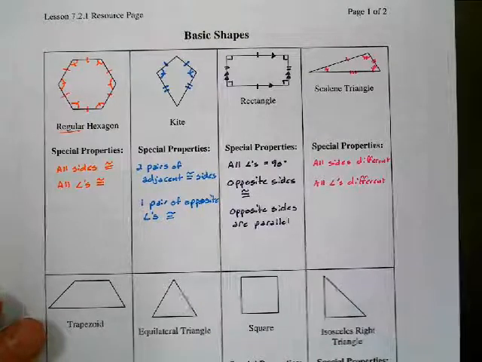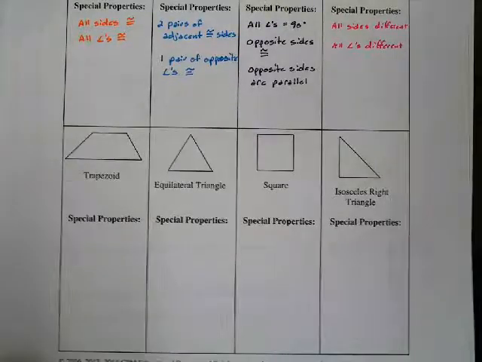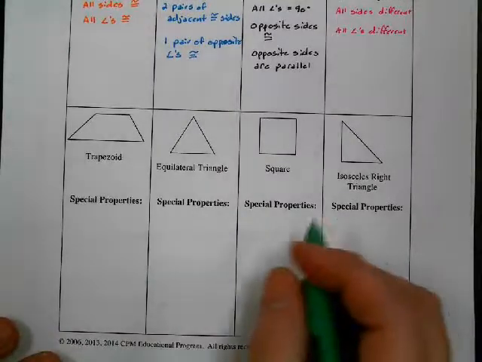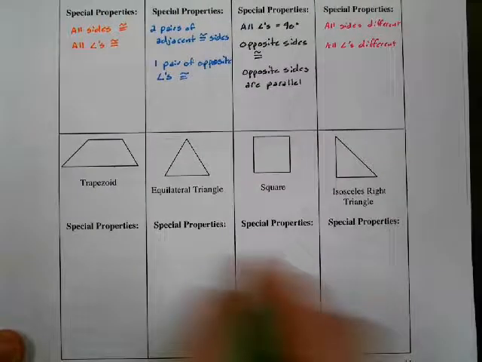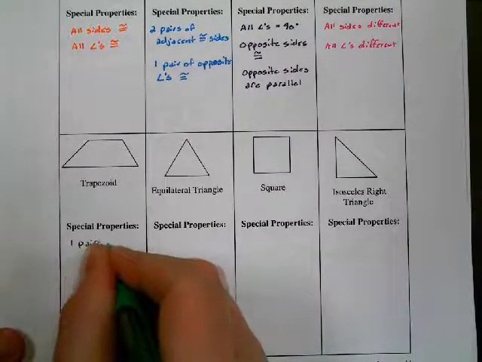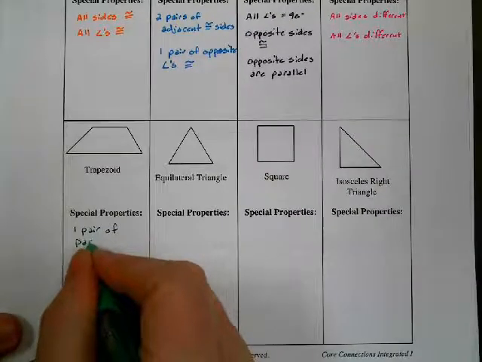All right, a quarter of the way through with all of our shapes. There's lots of them. Next one, a trapezoid. A trapezoid is when we have one pair of parallel sides.